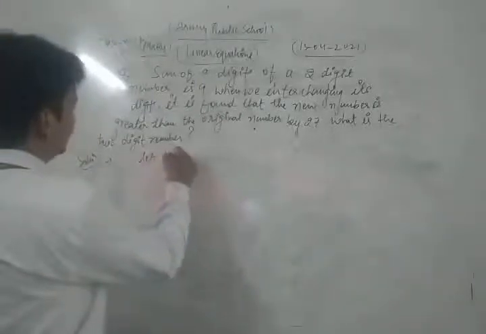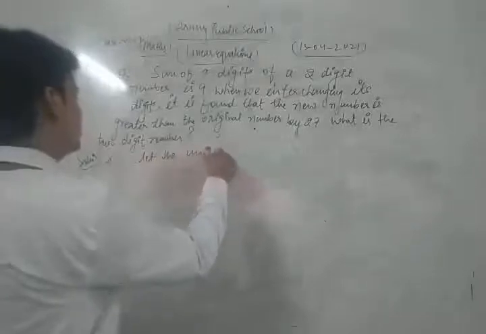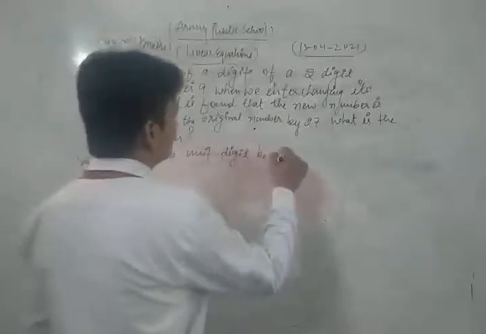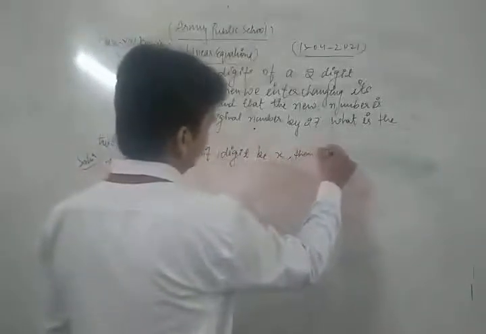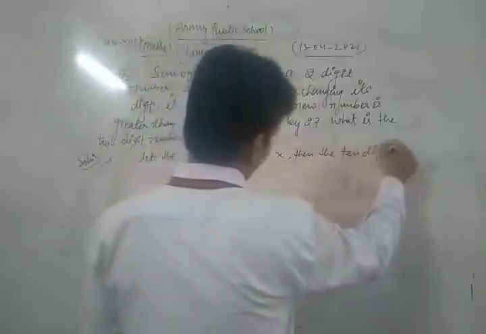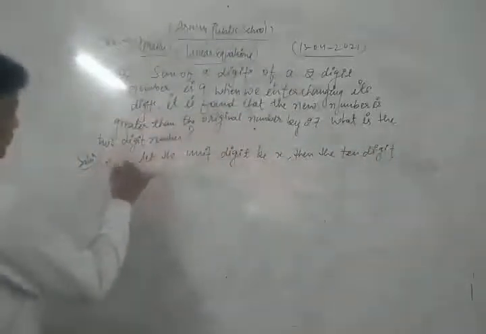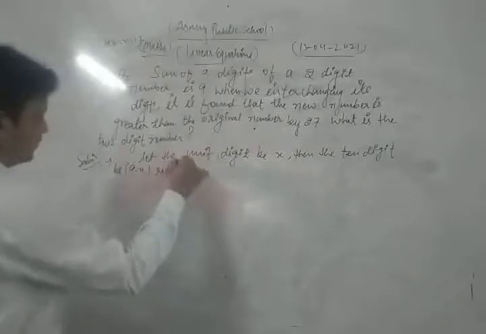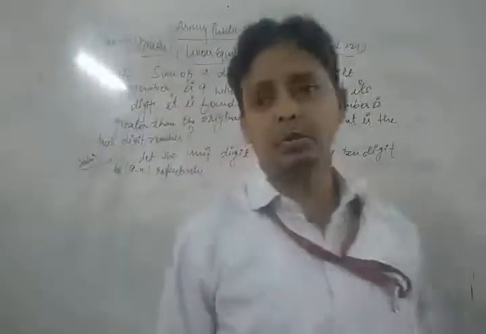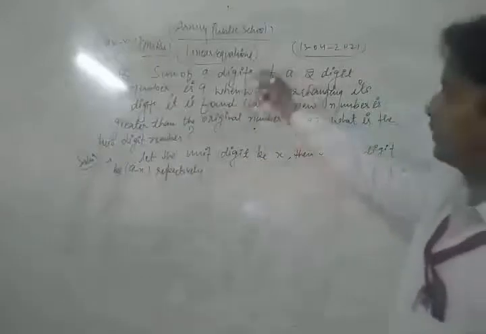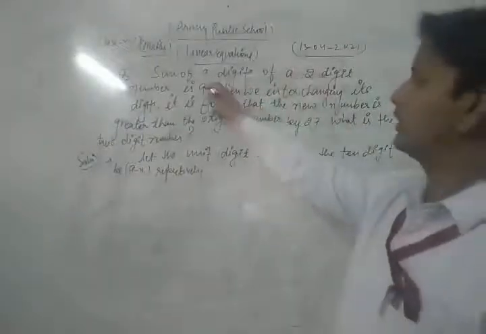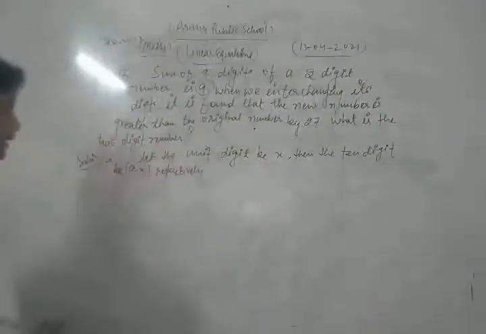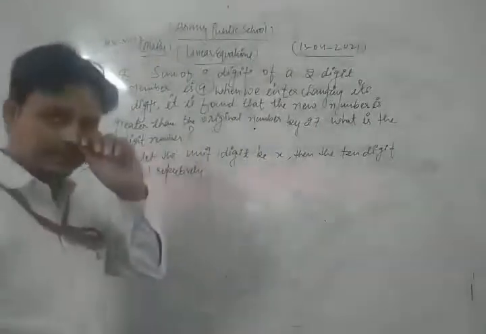So let the unit digit be x, then the tens digit will be 9 minus x respectively, because the sum of the digits of the two-digit number is 9. So in this way, first of all, let us take the unit digit to be x, then the tens digit will be 9 minus x respectively.